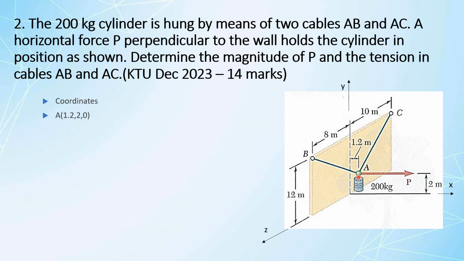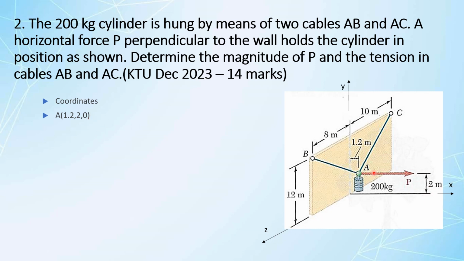So the x coordinate of A is 1.2. And in order to reach the level of A from the origin in the y direction, a distance of 2 is marked. Here you can see that this distance is marked parallel to the y-axis corresponding to point A. So the y component of A is 2.